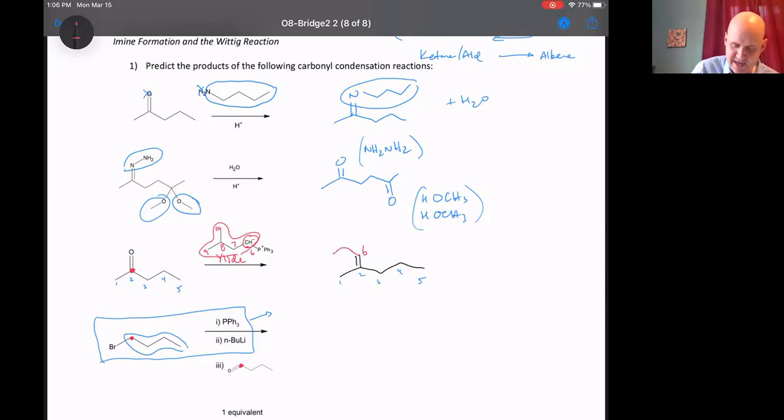Then I would have 7, 8, 9. And then number 8 did a little shift off to a number 10. And so this shape right here of 6, 7, 8, 9, and 10 should look a lot like what came from your ylid. And this shape down here, just these 5 carbons in a row, this is what came from your ketone. Any questions on that one?